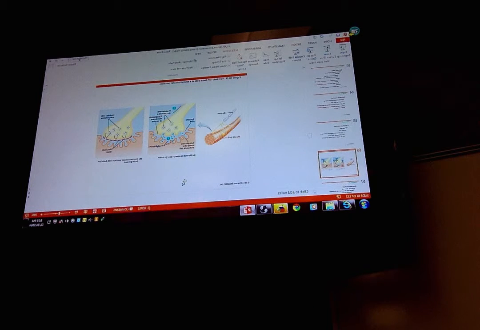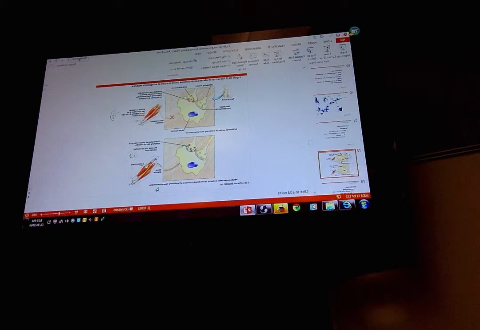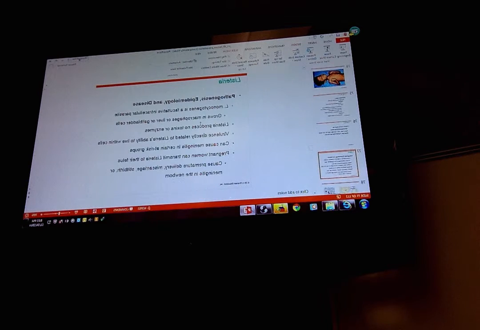With botulinum and tetani, I would like for you to know this little picture here, the mechanism, 1, 2. And for tetani, I would like for you to know this mechanism right here, 1, 2. Okay. Almost done.